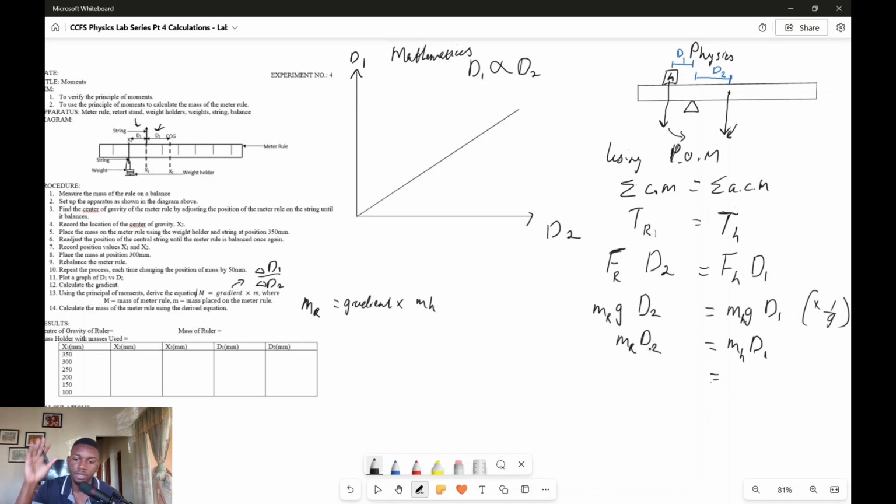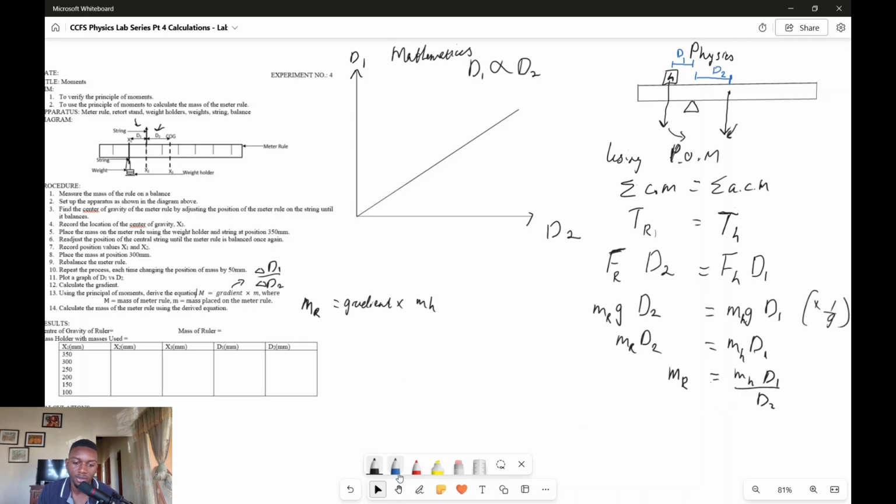Oh yeah, everything is working out. Sorry. So now this gradient is going to be d1 over d2. So let's move d2 over. We're making Mr the subject. So the mass of the meter rule equals the mass of this holder times d1 over d2. And we're like, oh no, this doesn't look the shape we need it to look.